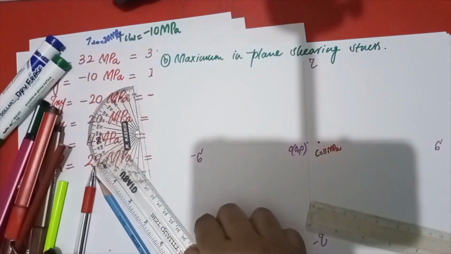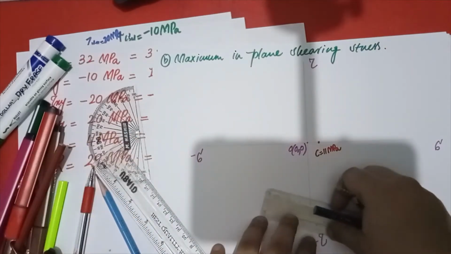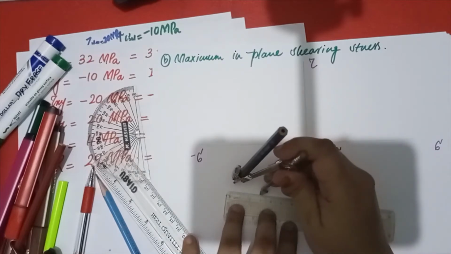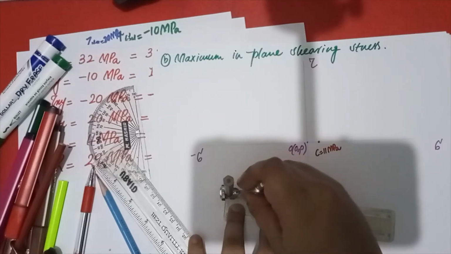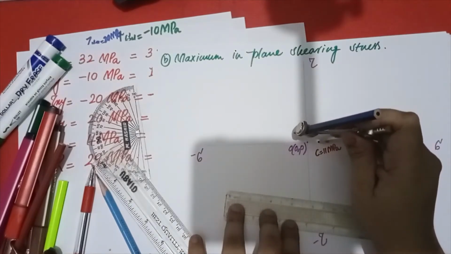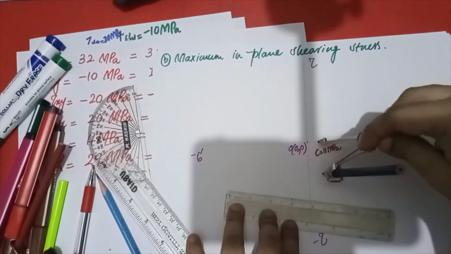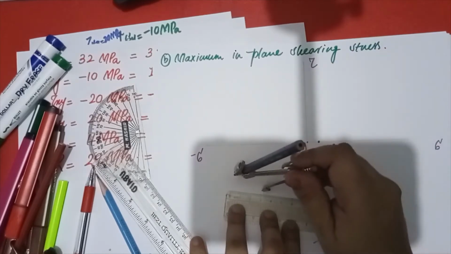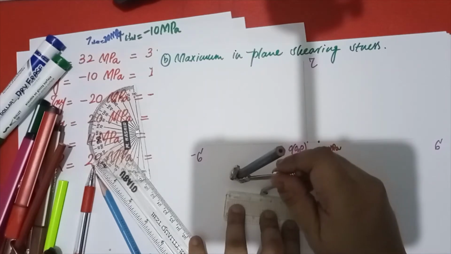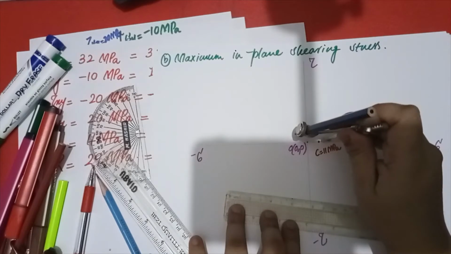In the next step, you know that the radius is 29 MPa, so it is 2.9 centimeter. So I am going to draw it with the compass. Wait, let me see. It is 2.9. It is 2.9.